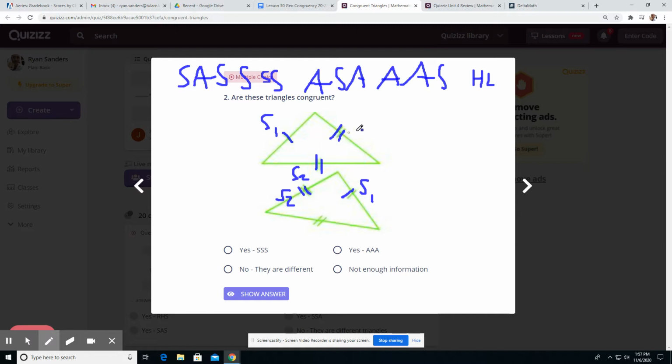You can call this side 3 if you wanted to, but basically it's an isosceles triangle. So even though they haven't drawn it very well, this angle has to match this angle because these sides are the same. But this is side, side, side. We have all three sides that match on this. So side 1, side 2, and side 2, which are matching. So side, side, side.